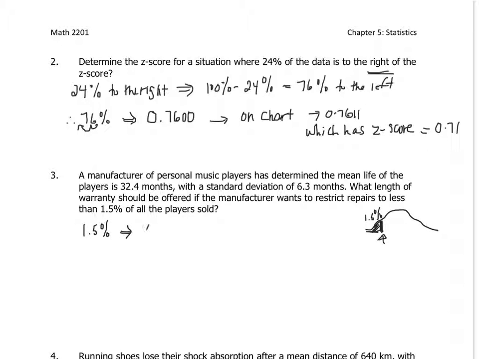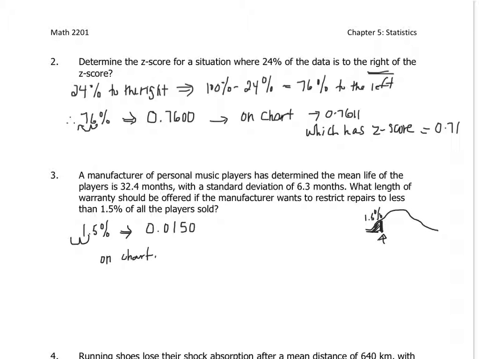to get the work from that, you need 1.5% as a decimal. Move the decimal place 2 places to the left, so that would be decimal 0.0150. So on the chart, you look up in the chart 0.0150, and that is exactly there, with the z-score.